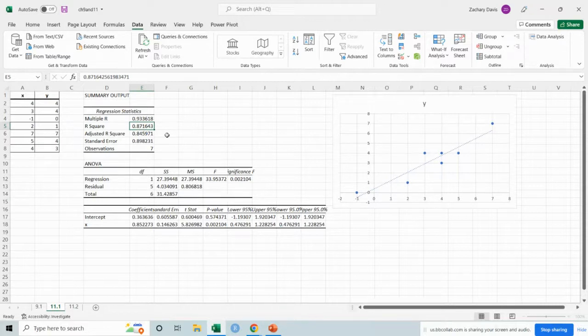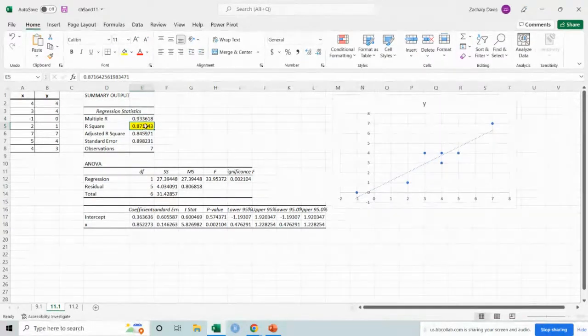R-squared values go between 0 and 1, and the closer to 1, the better the model. So 87% has a pretty high r-squared, so it's a pretty good model. We'll come back to multiple r-squared when we get to multiple regression. For this simple model, the only part that's really important is that r-squared.